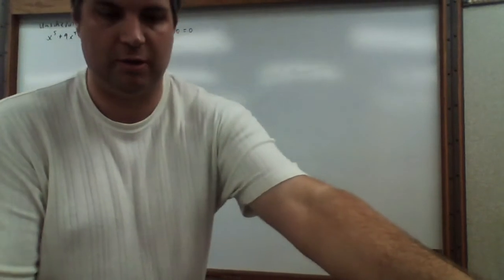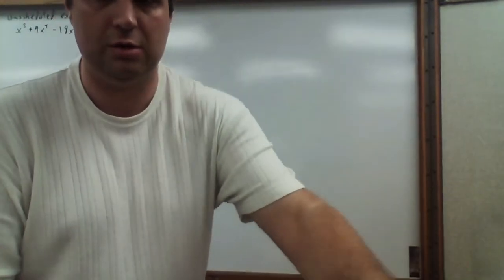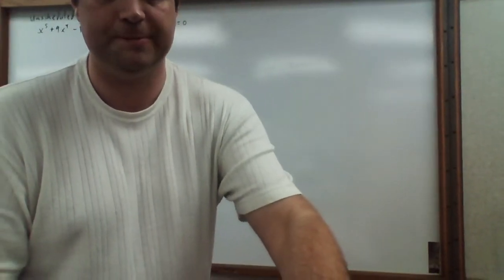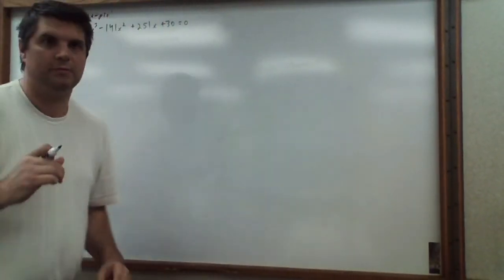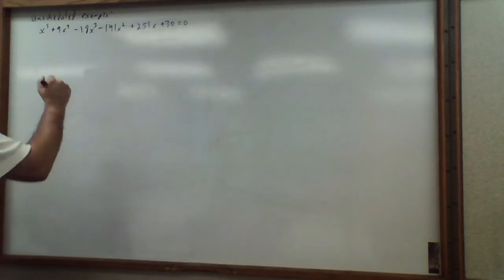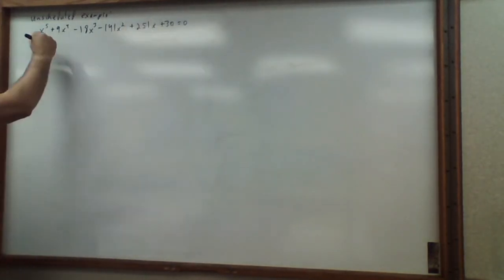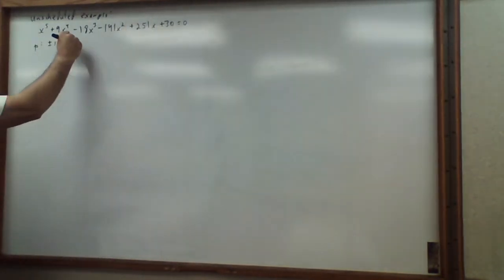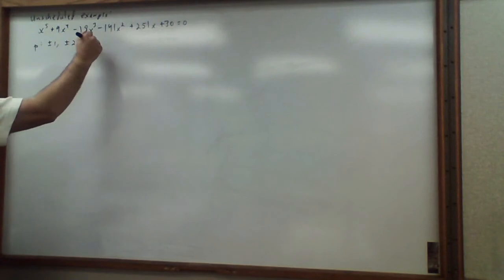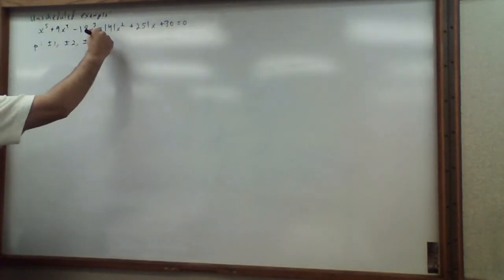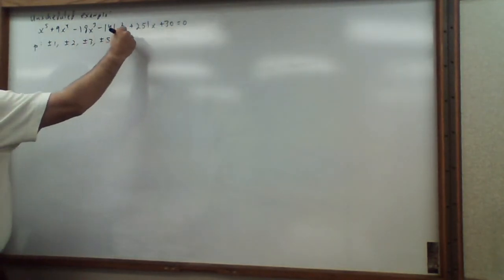Let's see if I can zoom in a little closer. All right, so P is all my factors of 30. So plus or minus 1, plus or minus 2, because it's even, plus or minus 3, plus or minus 5, plus or minus 6.